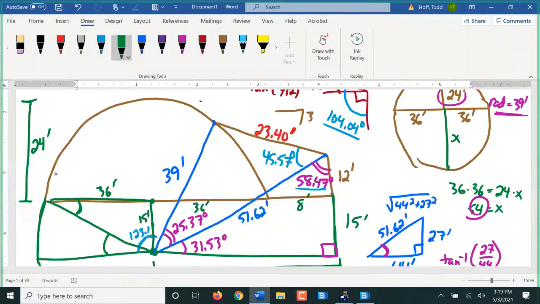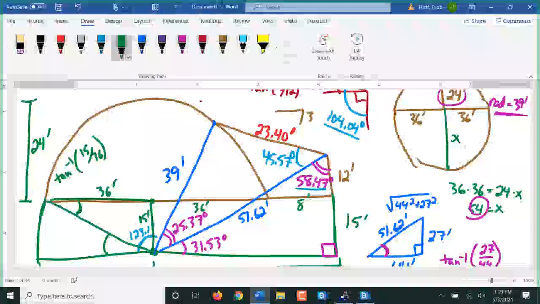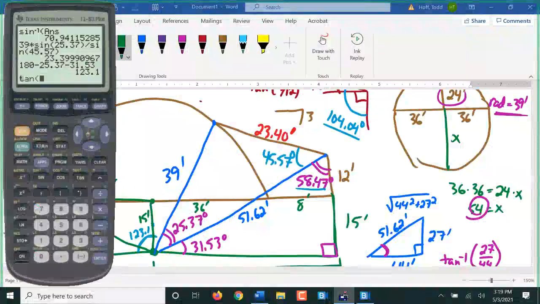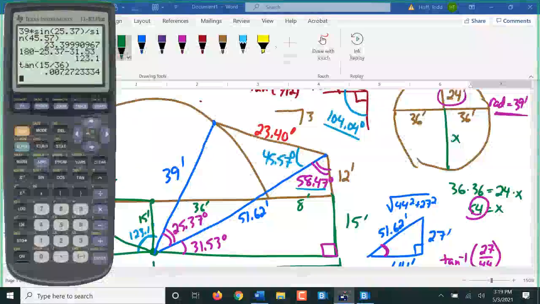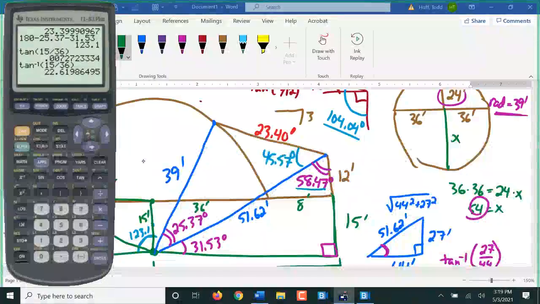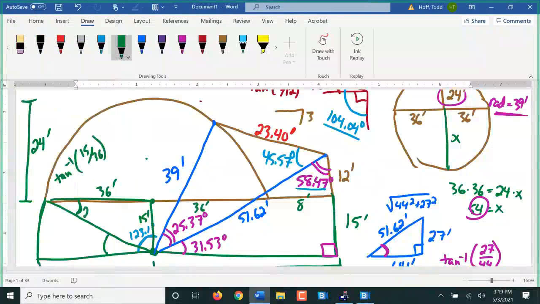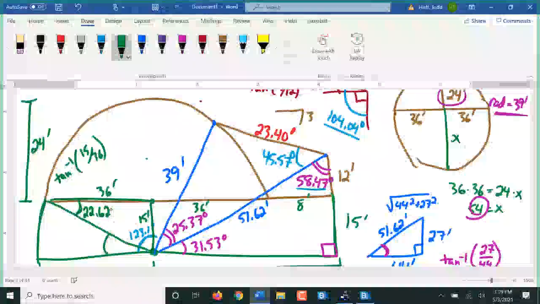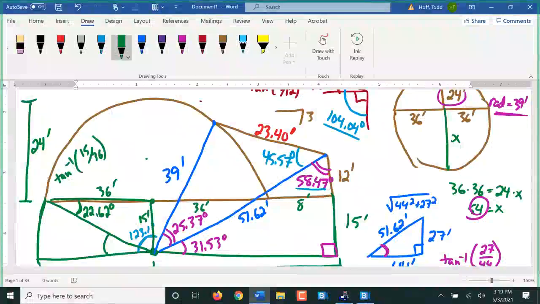So that angle there is the inverse tangent of 15 over 36. That's 22.62 degrees.